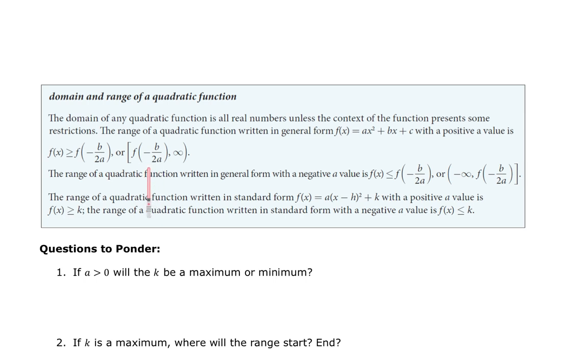This is k, where f of -b over 2a is the smallest point. It is the smallest, so it is a minimum, and we have the maximum here. Again, this is the form.